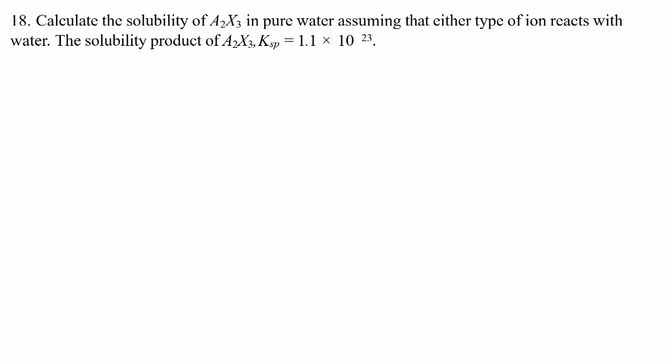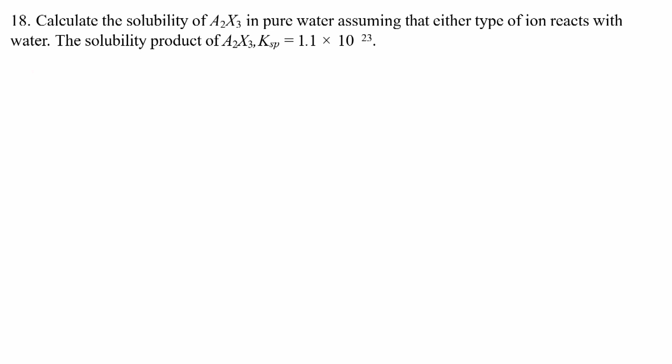Move to problem number 18. It says calculate the solubility of A2X3 in pure water, assuming that neither type of ion reacts with water. The solubility product of A2X3, Ksp, is 1.1 times 10 to the minus 23.